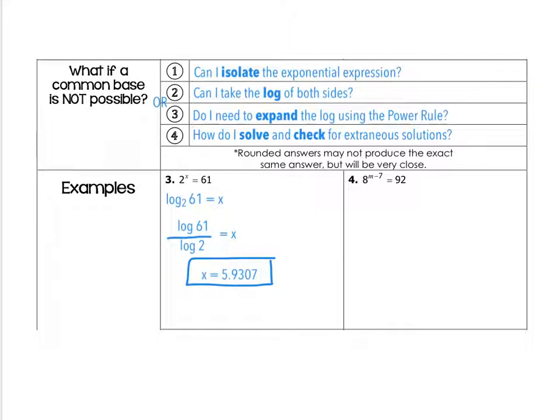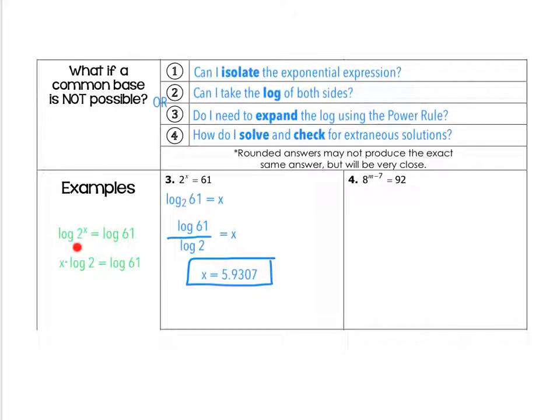The other method would be to take the log of both sides. I'm going to do my work over to the left of this second method. I'm going to take the log of 2 to the x and the log of 61, and then I want to slowly get to that x. I'm going to use the power rule, because if I'm taking the log of something, I can take the exponent when I expand it, put it out front, and multiply the log by it.